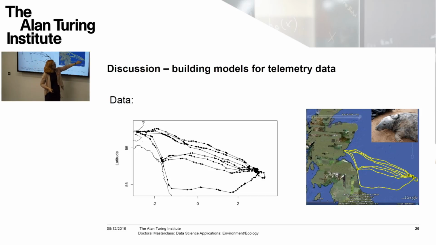This is a feeding area, so it travels out and comes back. It basically is doing this, but it comes back in two slightly different paths. And this is just the observations, so you can't really see it very clearly on that map. This is exactly the same, but with the observations. So what types of things might we need to know about this data?